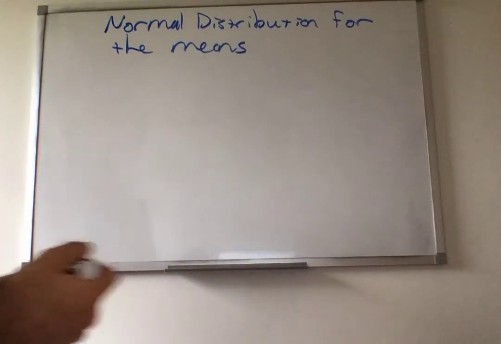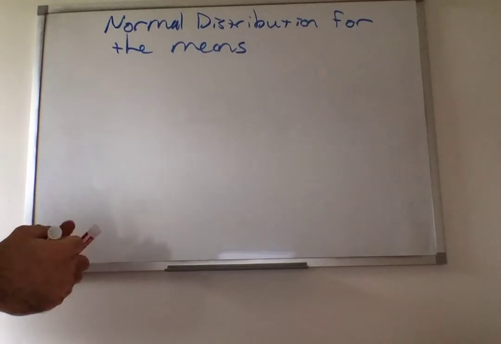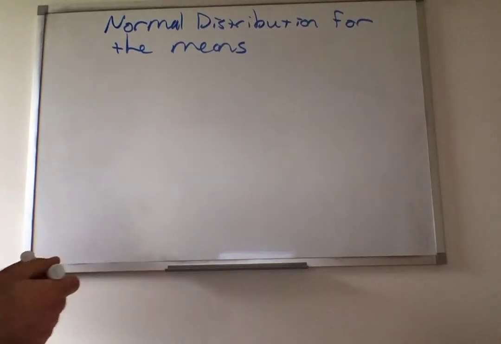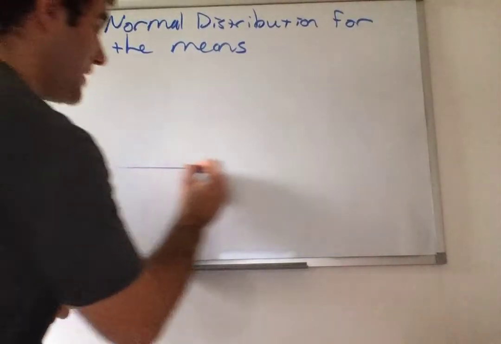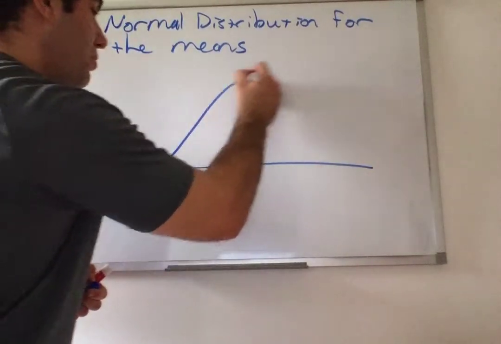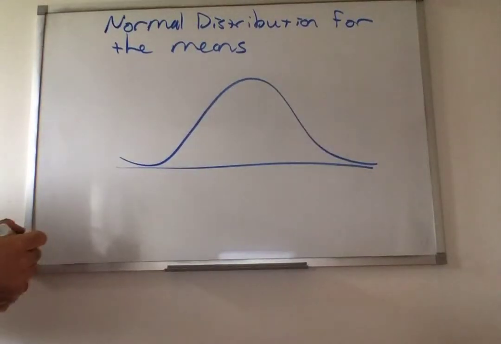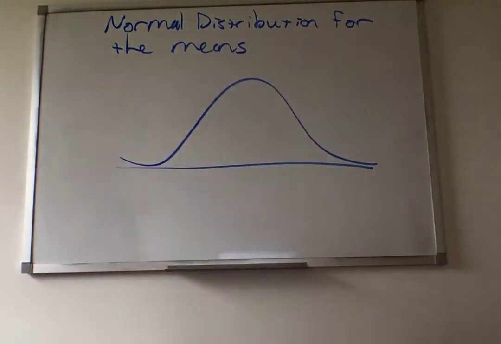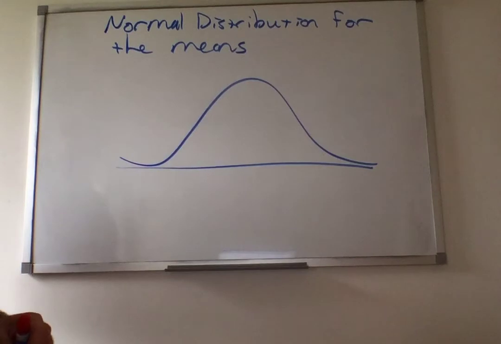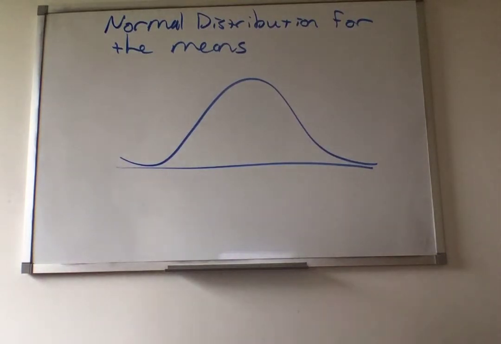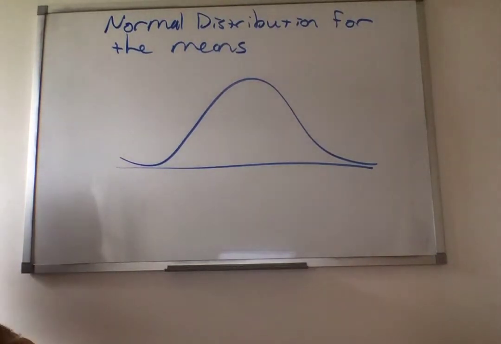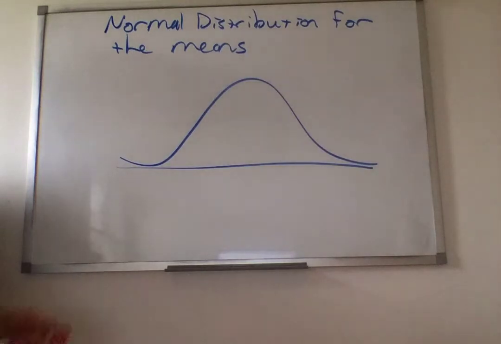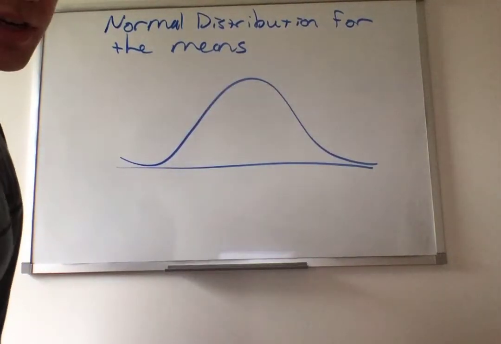So if I keep taking samples of size n, and I keep finding their sample means, and I were to plot all of their sample means, it's going to be approximately normal, okay? And that's what the central limit theorem is saying. If you keep pulling samples of the same size, the sample averages form a normal distribution curve.